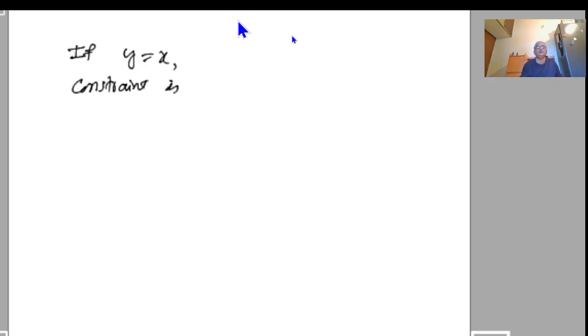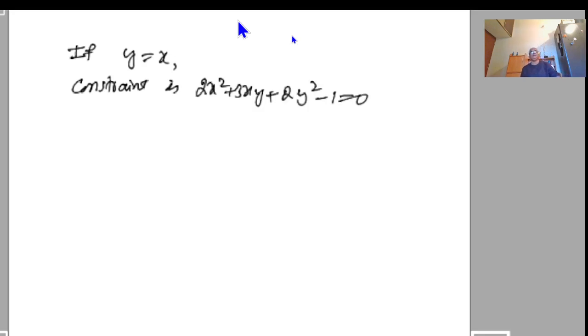My constraint is 2x square plus 3xy plus 2y square minus 1 is equal to 0.